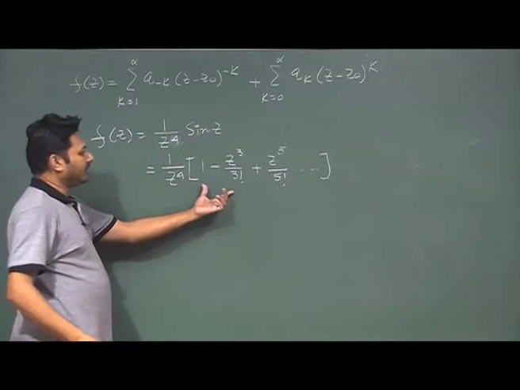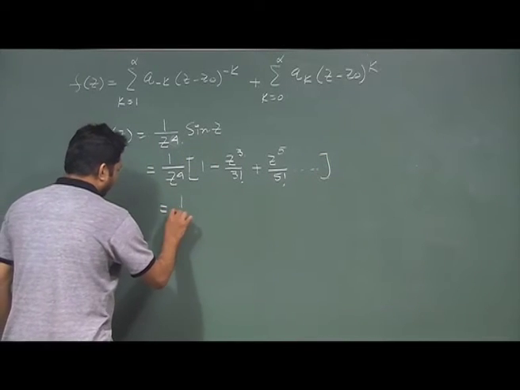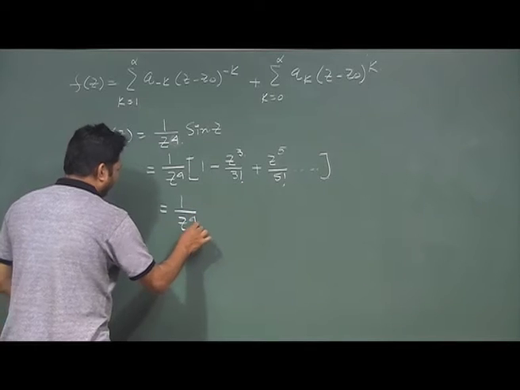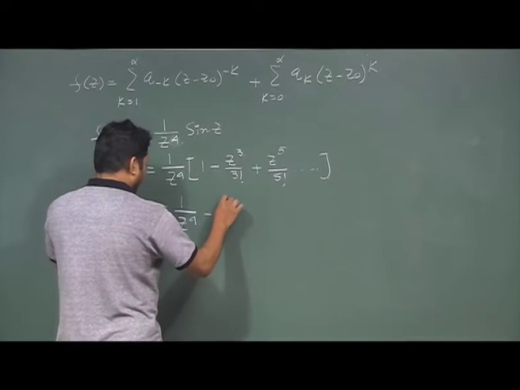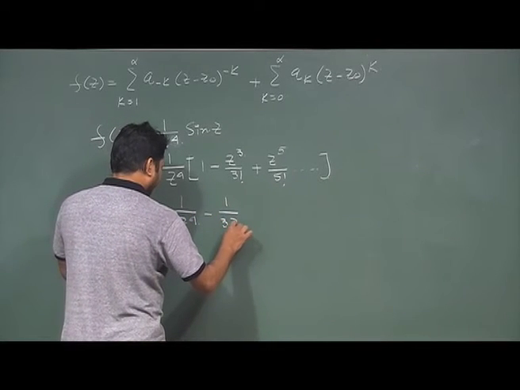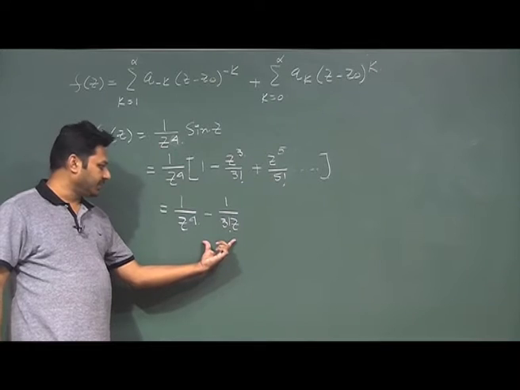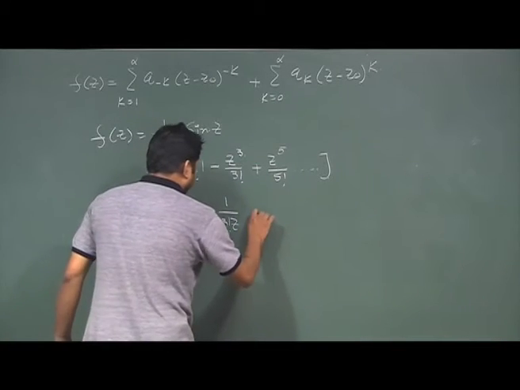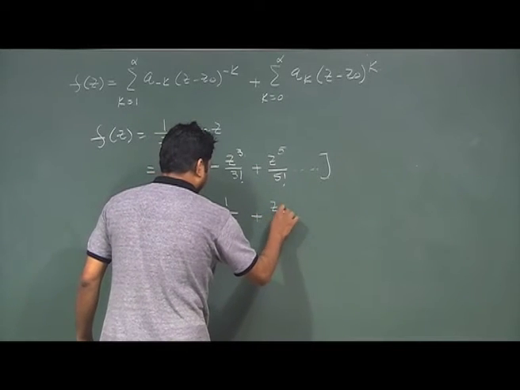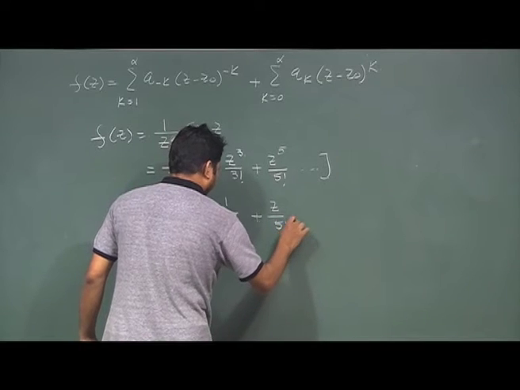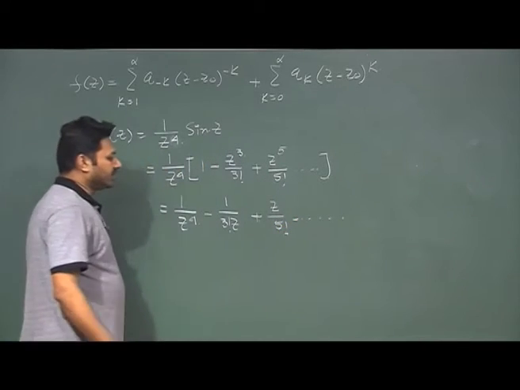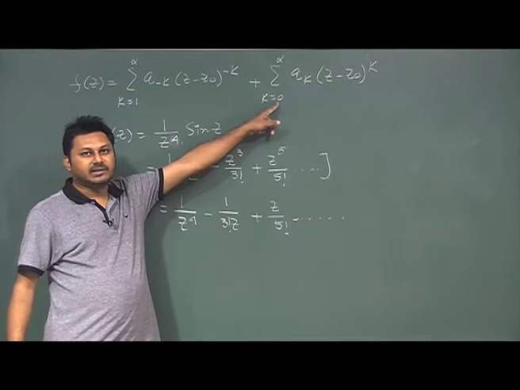So, the first two terms are associated with the principal part, and the rest of the terms, z over factorial 5 and so on, are associated with the analytic part.